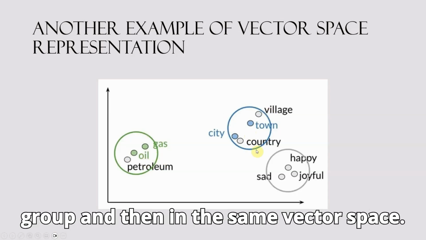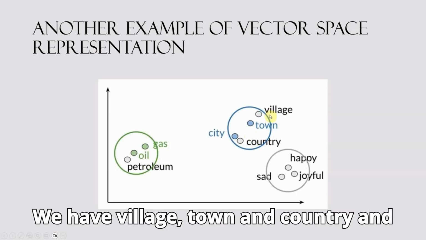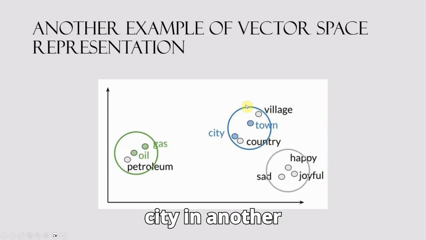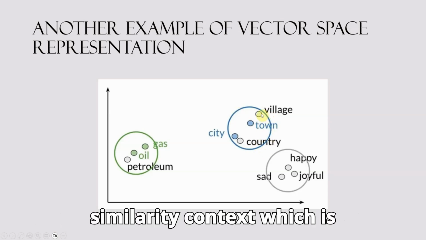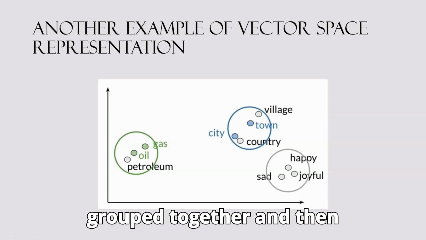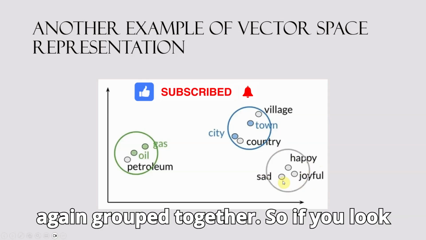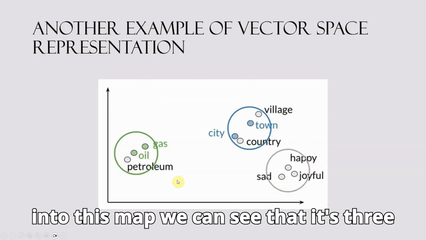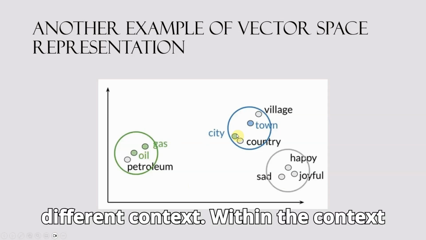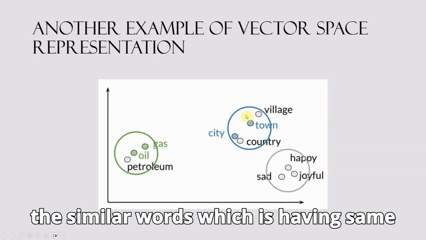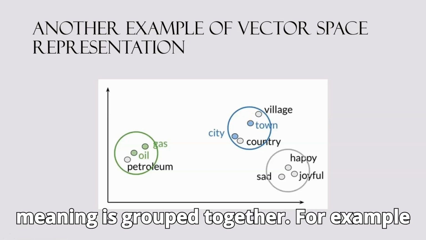Then in the same vector space we have village, town, country and city in another similarity context which is grouped together. Emotions like happy, joyful and sad are again grouped together. So if you look at this map, we can see three different contexts. Within a context, similar words which have the same meaning are grouped together.